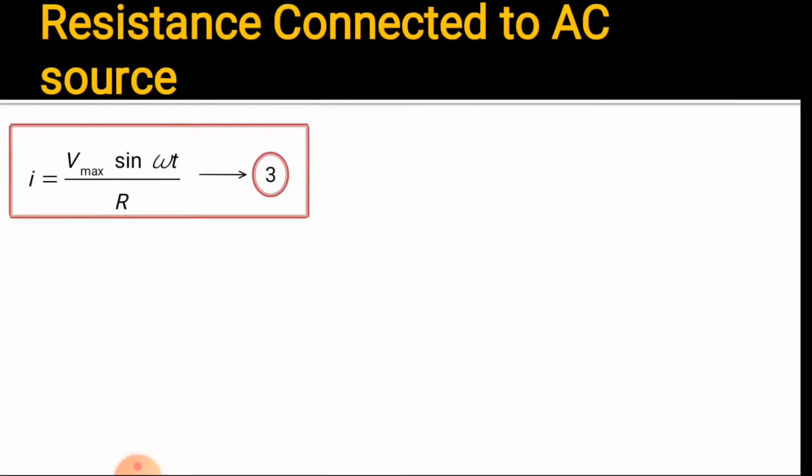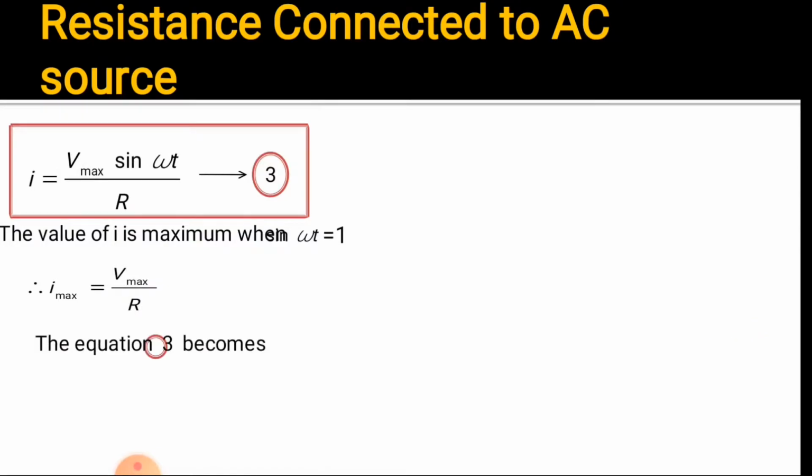The value of i is maximum when sin ωt is equal to 1. Therefore, Imax = Vmax/R. That implies i = Imax sin ωt, by the consideration of equation number 3.